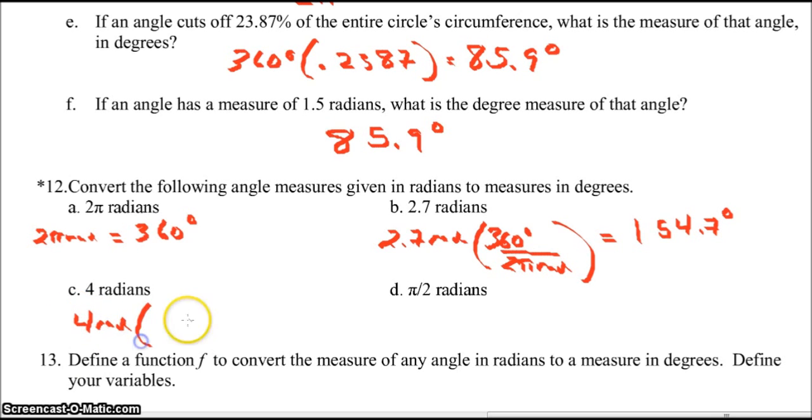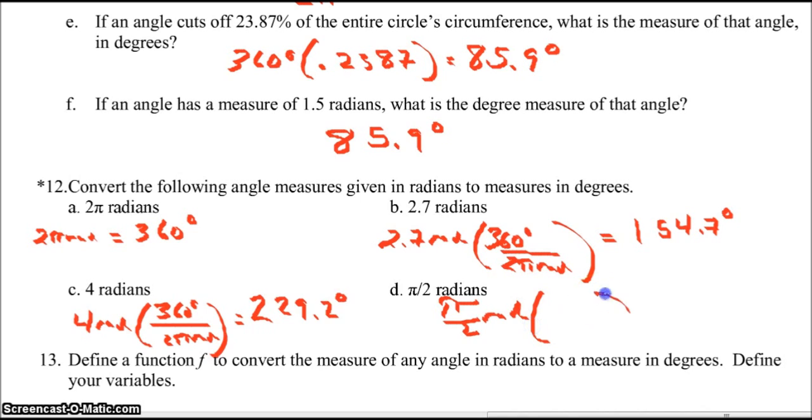Just take 4 radians, multiply by 360 over 2 pi. So that's 229.2 degrees. Take pi over 2 radians, multiply by 360 over 2 pi radians, and we'll get 360 over 4, which will be 90 degrees.